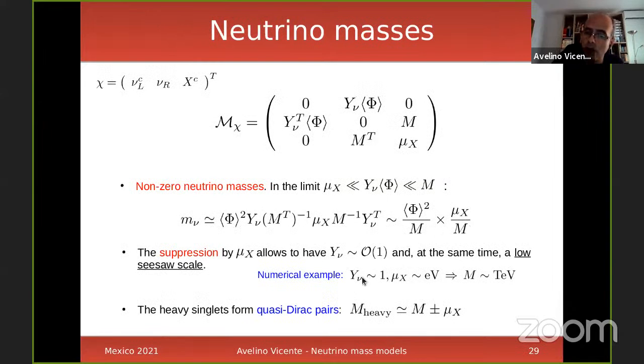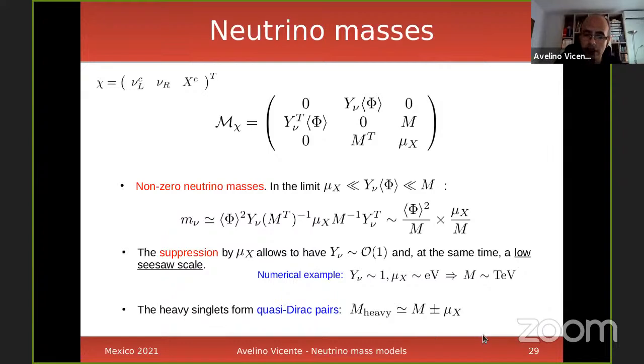For example, if you want Yukawas of order 1 and you assume that mu is of the order of an electron volt, then capital M can be at the level of TeV, which is something that you can test, for example, at colliders like the LHC. So this is the great advantage of the inverse seesaw and all the low scale seesaws, that you can have at the same time large Yukawa couplings of order 1 and seesaw mediators, so new particles which are not that far from the electroweak scale.